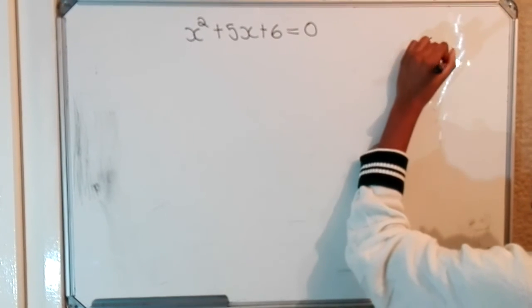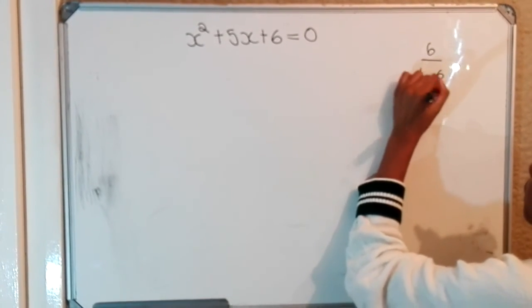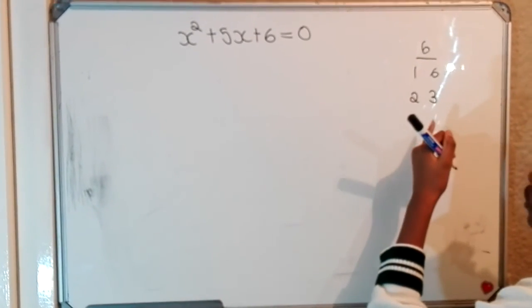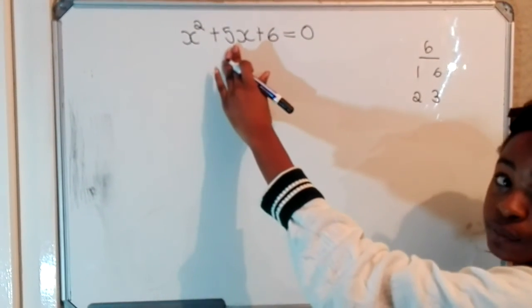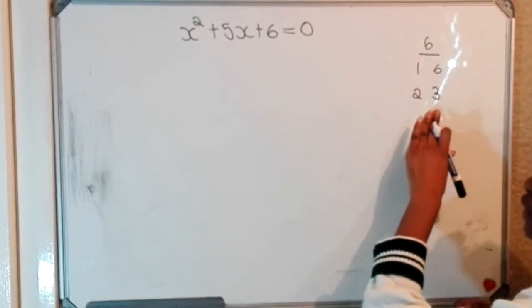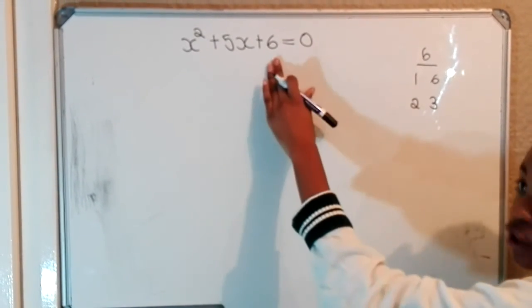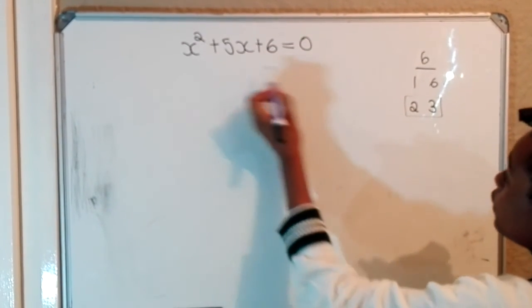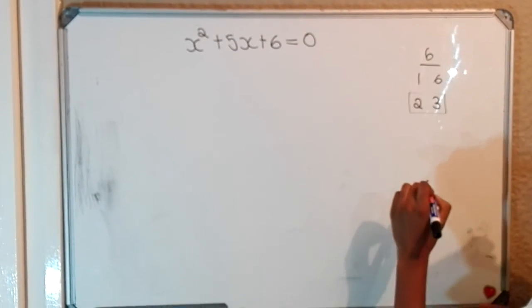So I have 1 and 6 and 2 and 3, okay? Now, we need to find a pair that, when added together, gives me the middle term, which is 5, and when multiplied together gives me the constant. So I see, oh, 2 and 3, if I add 2 and 3, I get 5, and when I multiply 2 and 3, I get 6.